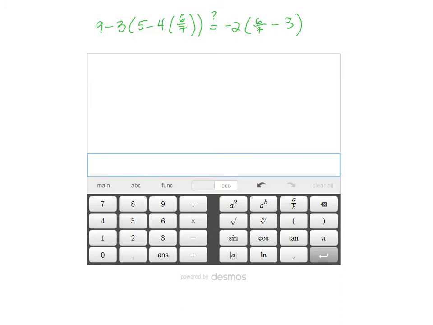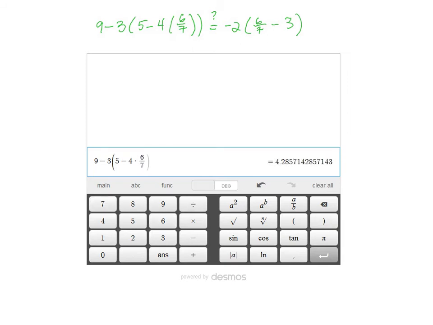So to evaluate that left-hand side, I'll have 9 minus 3, and then I'll use parentheses, and in there I'll put 5 minus 4 times, I'm going to do 6 divided by 7 for 6/7. And then I'll end that parenthesis, and I see that I get 4.2857 continuing on.